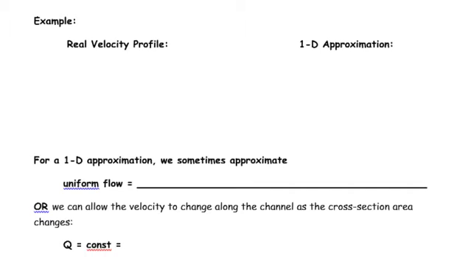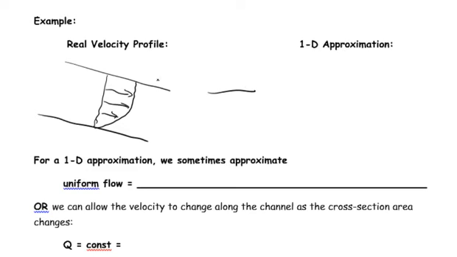So as an example, we might have an open channel flow, say, driven by gravity. Maybe it's a river. Maybe the velocity profile at one spot is something like this. Maybe its cross section actually looks something like this? Who knows?